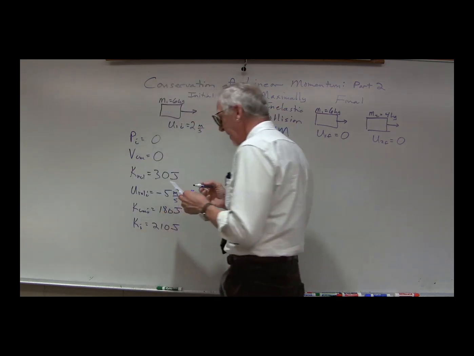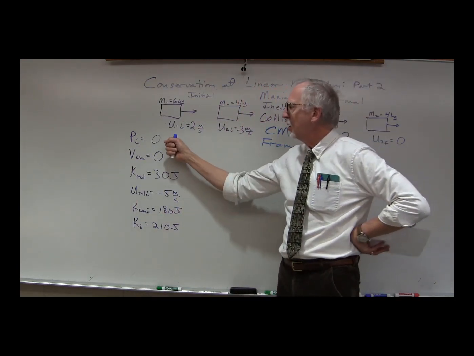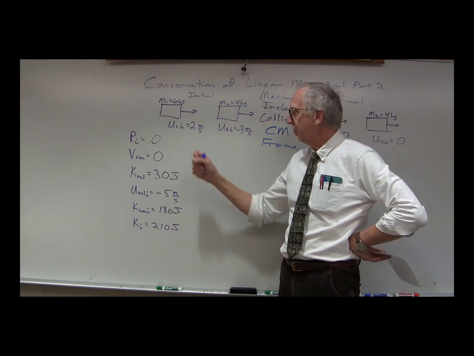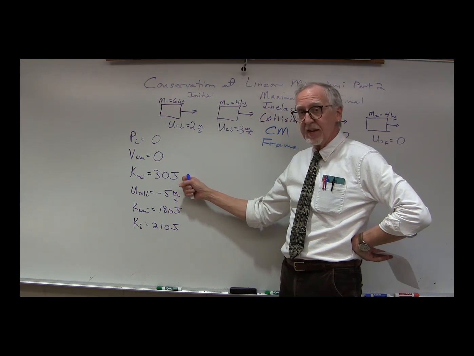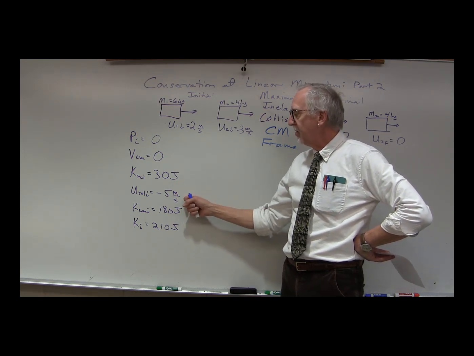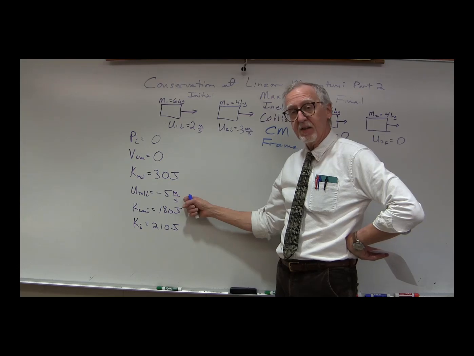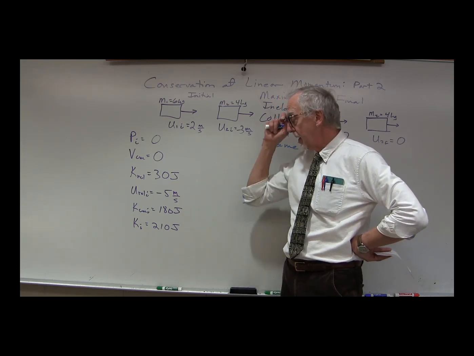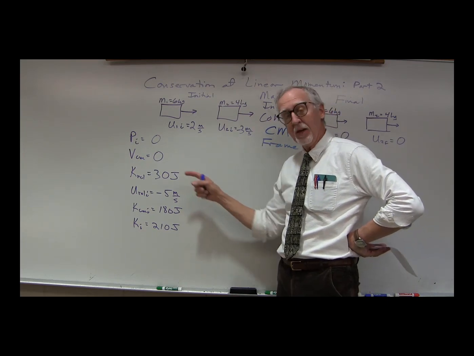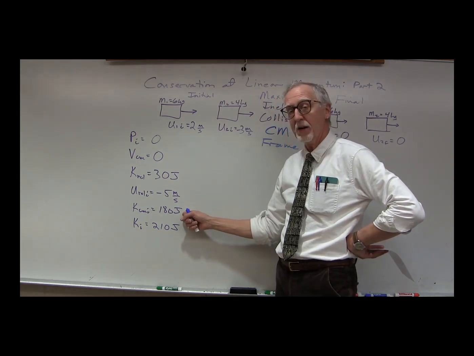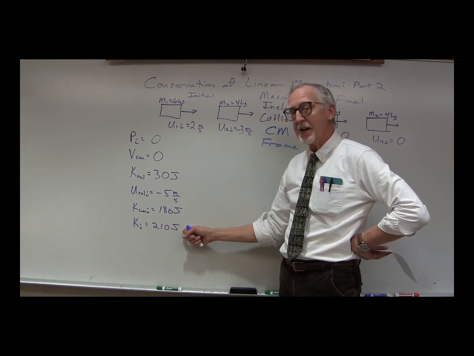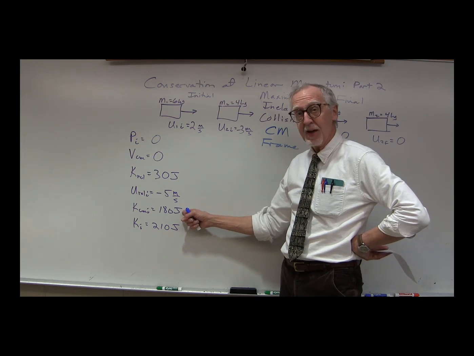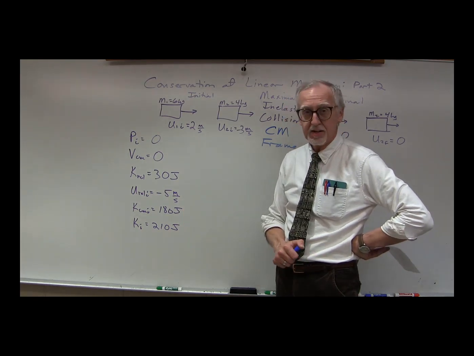For a maximally inelastic collision, again, we have total initial momentum 0, velocity of the center of mass 0, the relative kinetic energy 30 joules, the relative velocity negative 5 meters per second, and remember the kinetic energy of the center of mass from the initial frame was 180 joules, where the total kinetic energy was then the sum of K-rel and the center of mass energy, giving us a total of 210 joules.